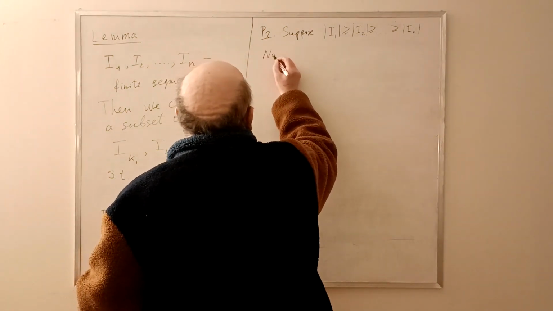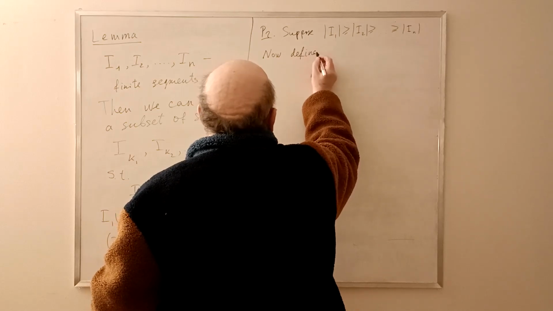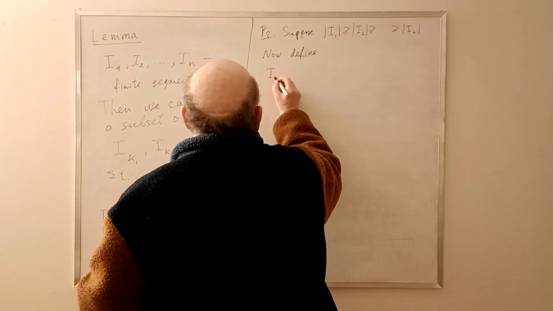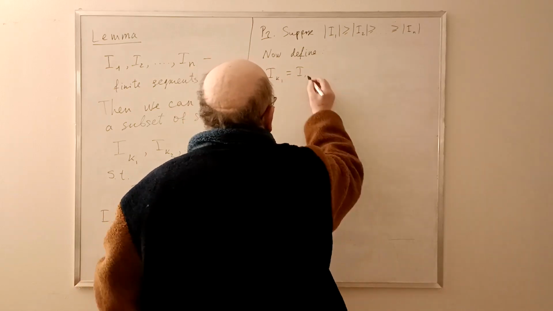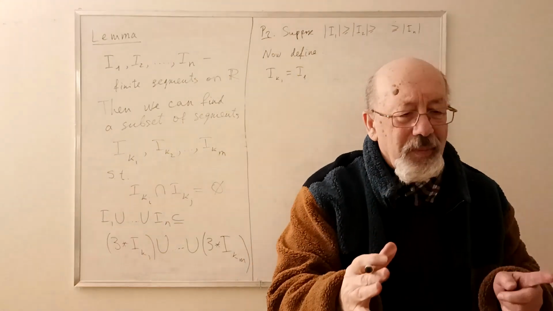And now define. I K1 is simply I1. So we take the longest as the first. We started from this.